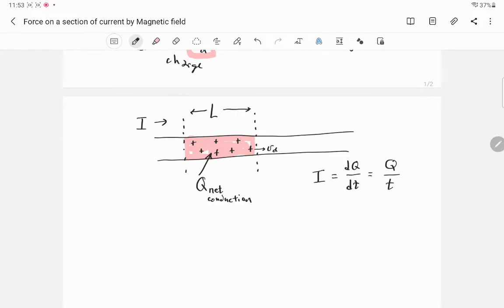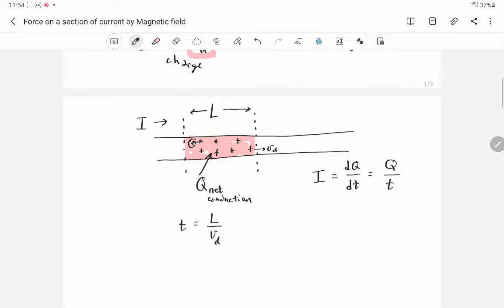What I'm going to do is I'm going to count up how much time it takes before this charge, which is at the distance L back from this first charge, I'll just say that the amount of time it takes for this last charge to make it across our threshold and be counted in the total charge, that's just the length traversed by the drift velocity, right?